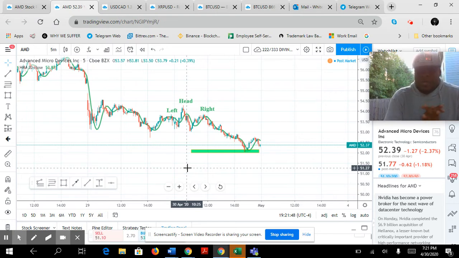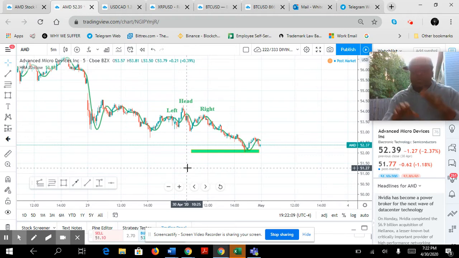I do the 5-minute, but the reason why we want to go so low is because you can see that the stock can move. Let's say this stock was $53 earlier in the day, actually up to $54 some change. All right, now it's hovering at 52.37.